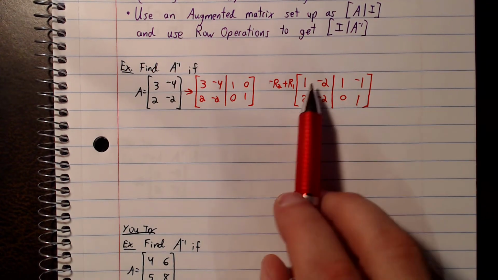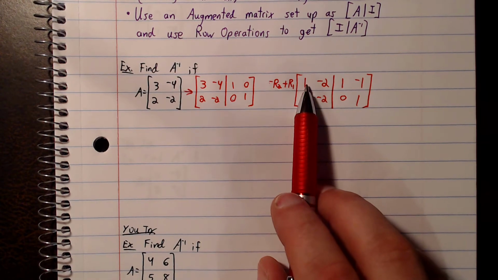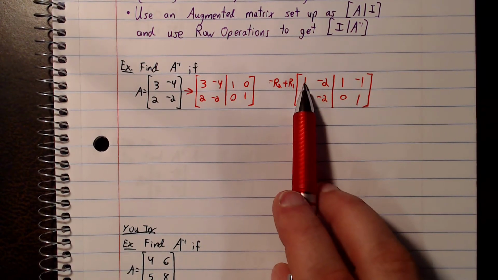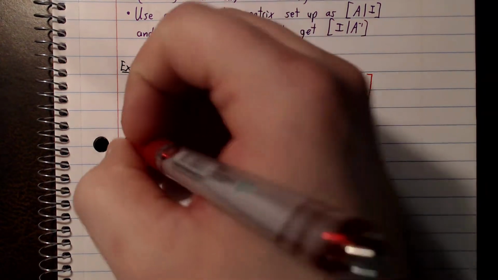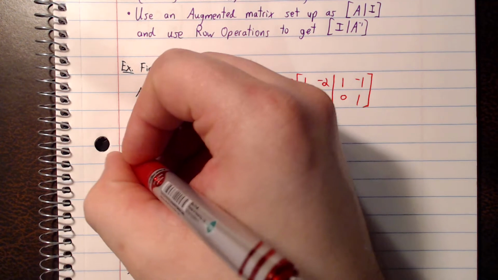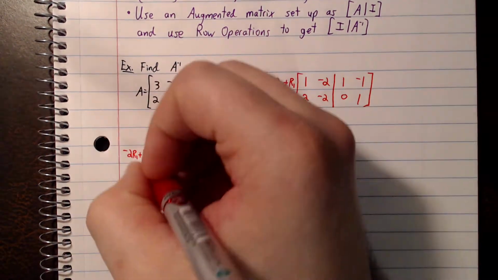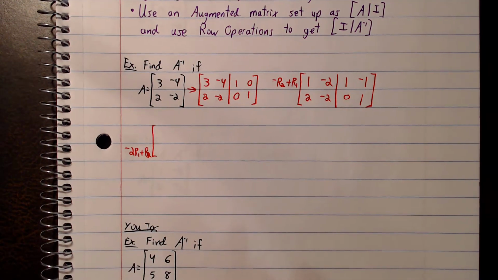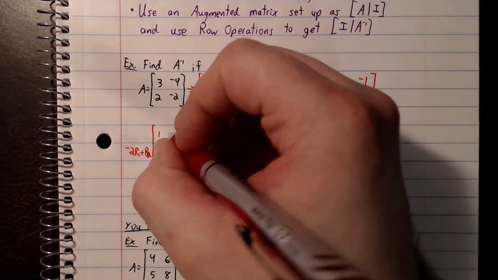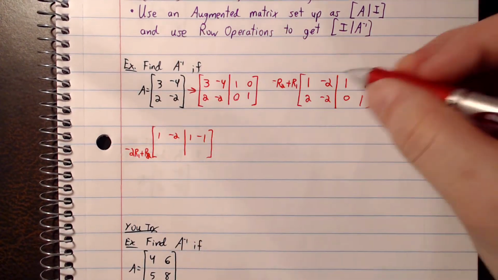Okay, so now we've got a 1 up here, so we're actually in pretty good shape. If I want to get rid of that 2, I'm going to have -2 times 1 and add it. So that's what this next one will look like. I'm doing -2 row 1s plus row 2. So let's do that. All right, we haven't touched this top yet, so these all stay the same from before.